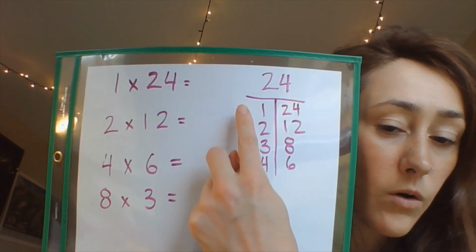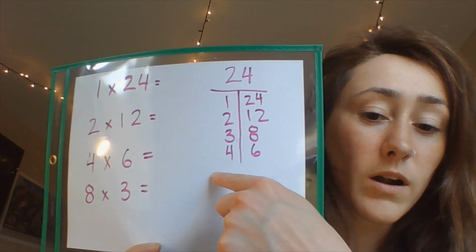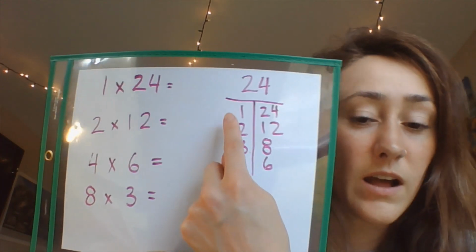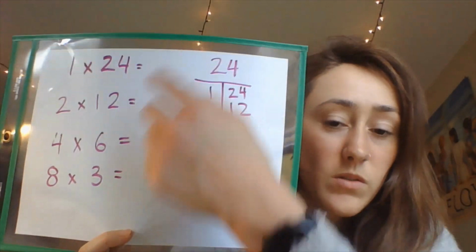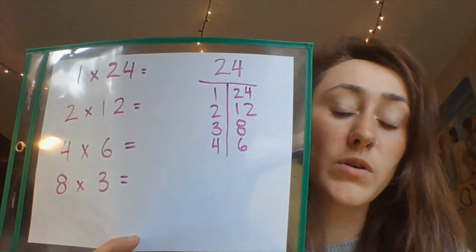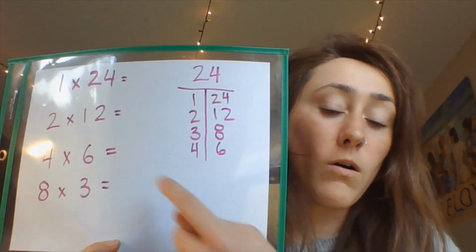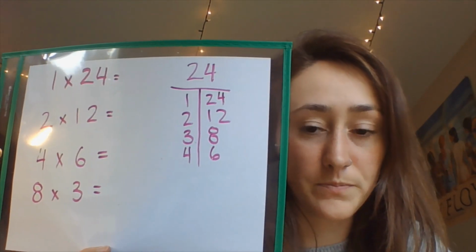I like to go in order and use every single number, 1, 2, 3, 4, until I find ones that can't be used, because that lets me know if I am missing any. So this is our factor tree. All of these numbers multiply to make 24. They are all factors of 24.